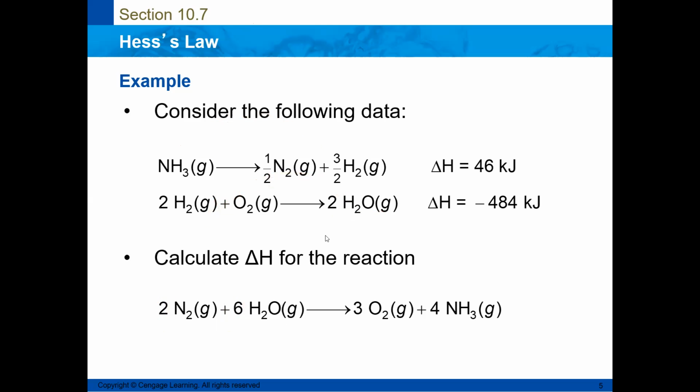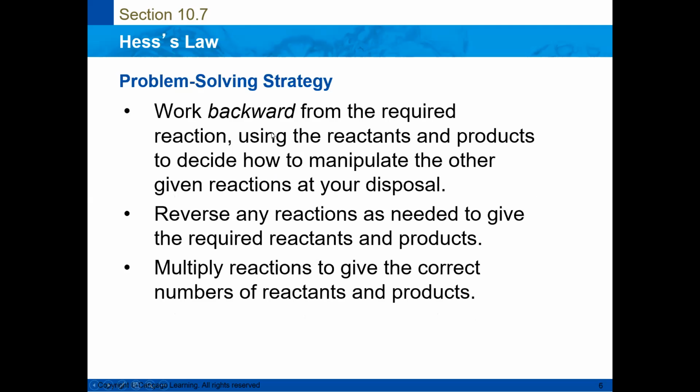All right, so that's the strategy. You might want to write this strategy down or take a picture of it, but there it is. Work backwards from the required reaction, the final reaction, using the reactants and products to decide how to manipulate the other given reactions at your disposal.